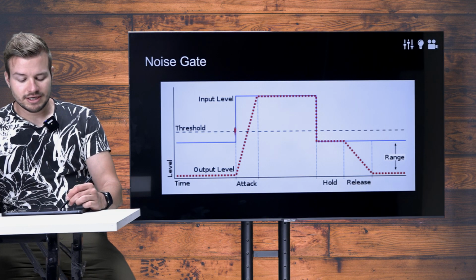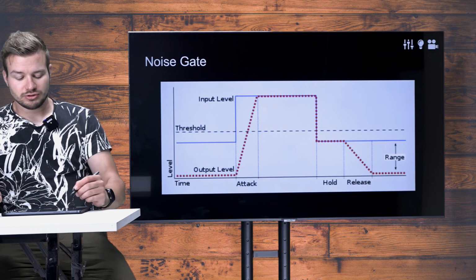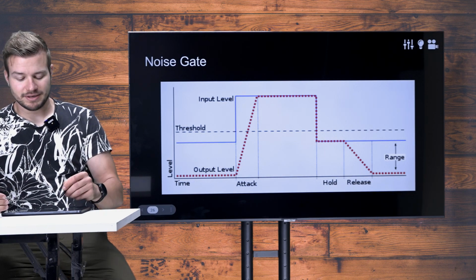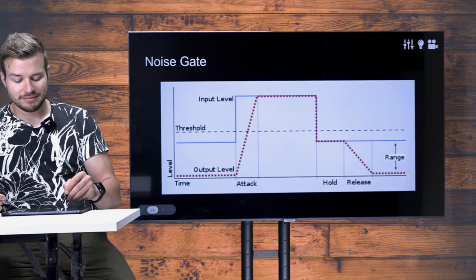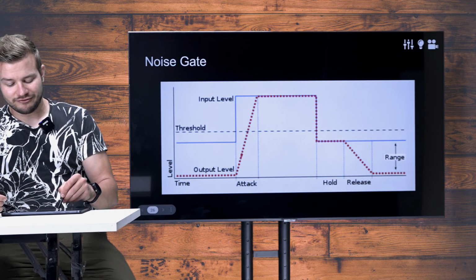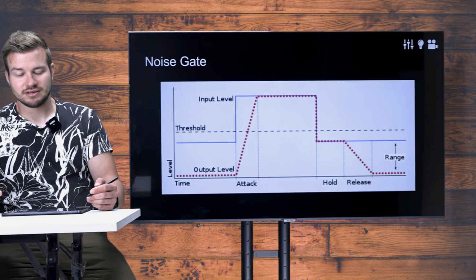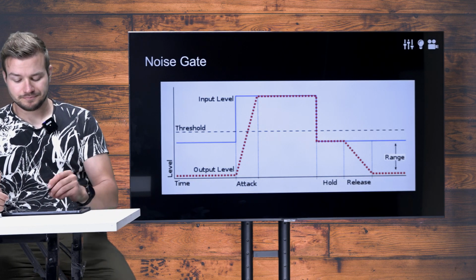As soon as the input level goes above the threshold, the gate starts to open and it lets the signal pass. As with the compressor, there is an attack time, and the attack time defines how fast the signal is passing through the gate until it reaches the input level.